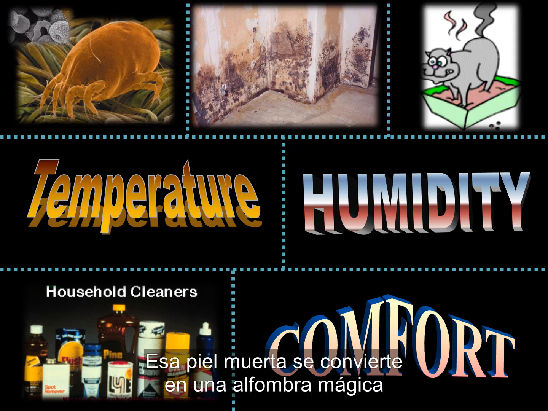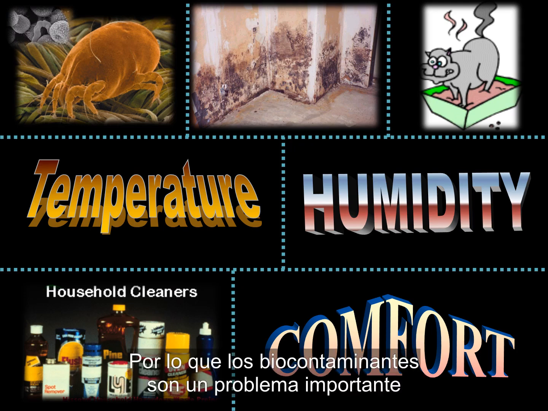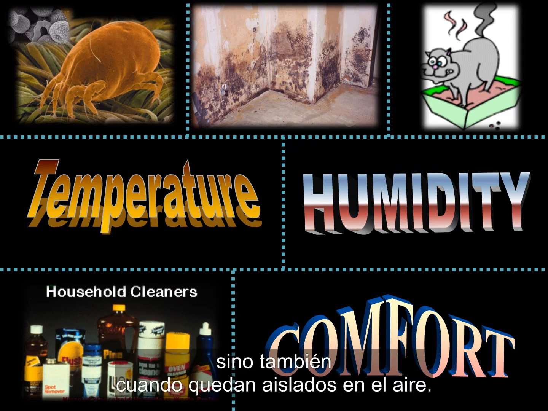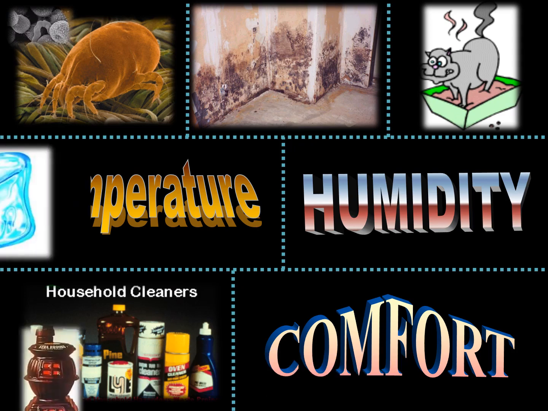Well, that dead skin becomes a little magic carpet ride for bacteria and for viruses and other types of biopollutants. And so biopollutants are a major issue not only on surfaces but also when they become aerosolated. That's the fourth component of indoor air quality that needs to be addressed.